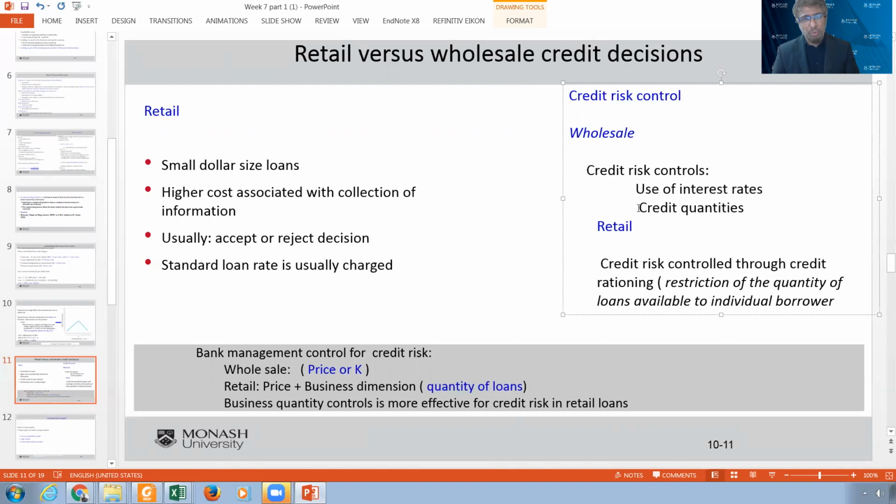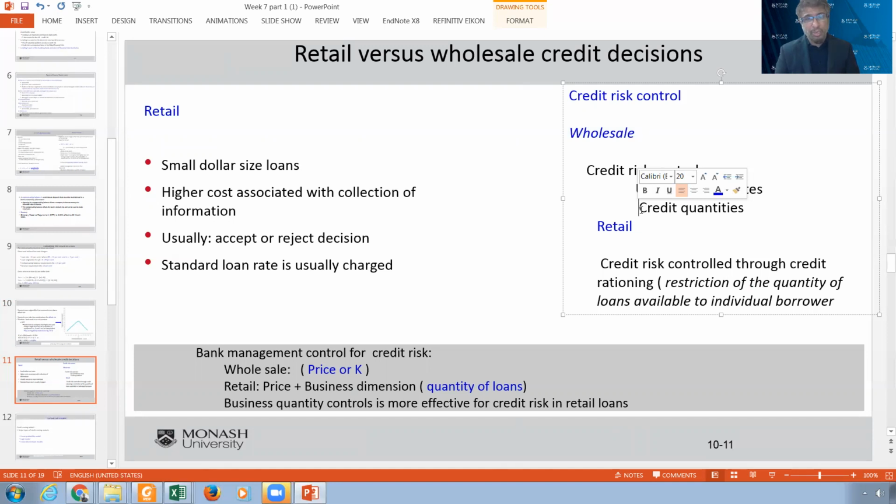And you can also use another way: when their leverage has reached a certain point, and the number of loans taken from your bank reaches a certain point, you stop lending to them until they start to clear the old loans, and then you can give them other loans.